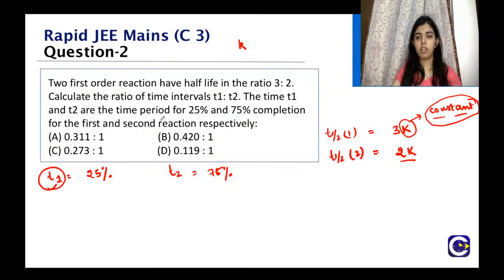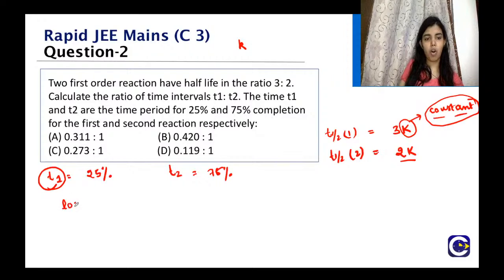As it is a first order reaction, it will be written as log of A naught by A t equals kt upon 2.303, where k is the rate constant here, right?